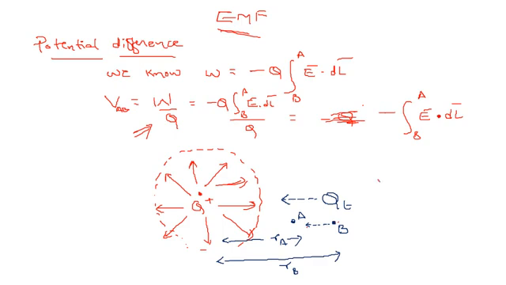Finally we got the equation as Vab equals minus integration of B to A E bar dot dl. Earlier we have also found E bar equals q by 4 pi epsilon naught r square ar bar. I'm taking air as the medium, that's why I have taken epsilon naught, otherwise I can simply take epsilon.